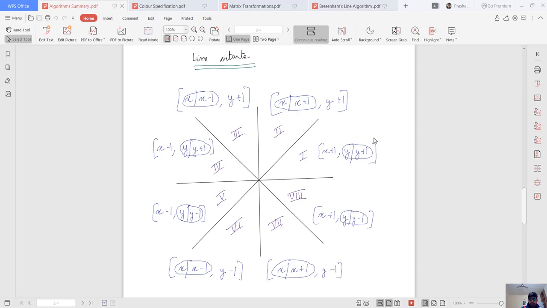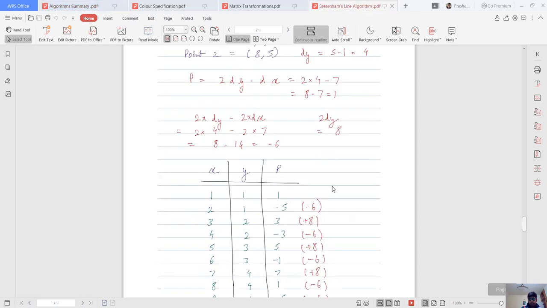This decision is made by the decision parameter p. You can go through the derivation in some other video or in a book.